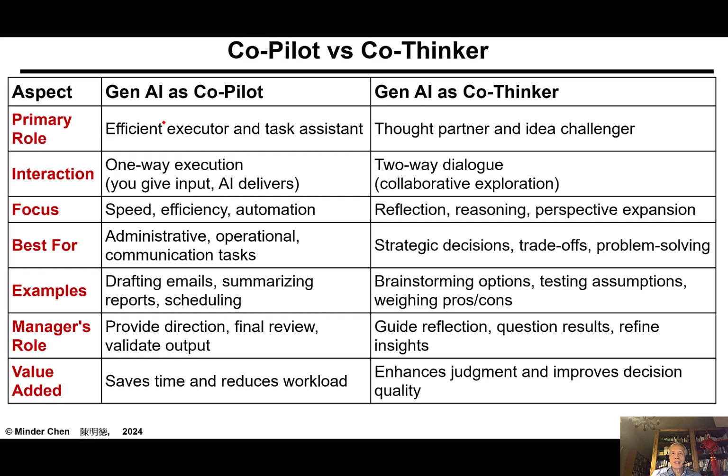Another way to look at how we collaborate with large language models, generative AI, is to treat it as a co-pilot or co-thinker. Copilot is more at the operational level. Help me to do this. Give me this. Help me revise this email. Help me to generate an assignment. Help me to draft a speech.